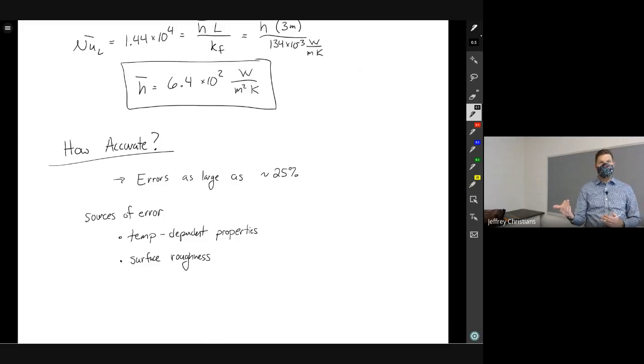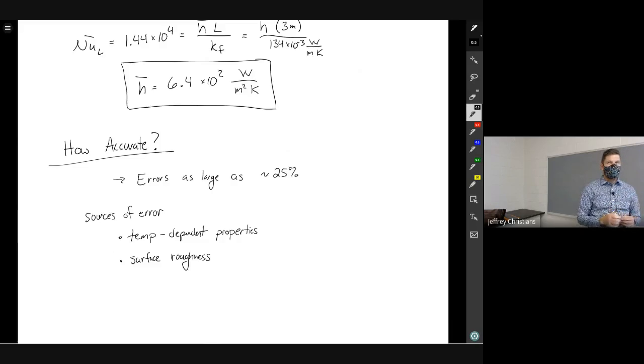Surface roughness will affect how turbulent the flow is, or it can make it flip to turbulent earlier on, which can have a fairly large effect. Or if it's a really smooth surface, maybe it stays laminar for longer. And we saw earlier how big of a difference even a little bit of turbulent flow can have on a system. So exactly where that transition occurs can have a big effect.